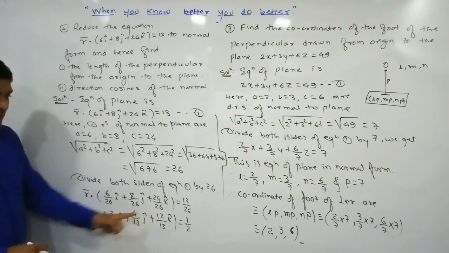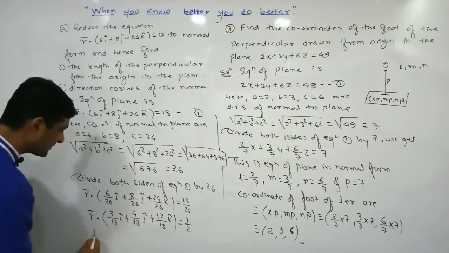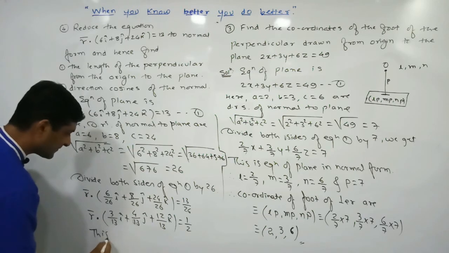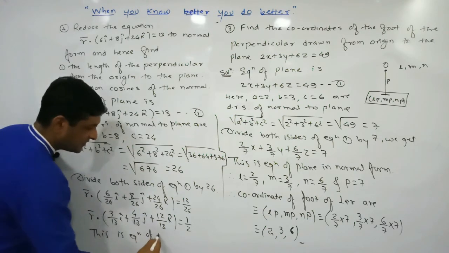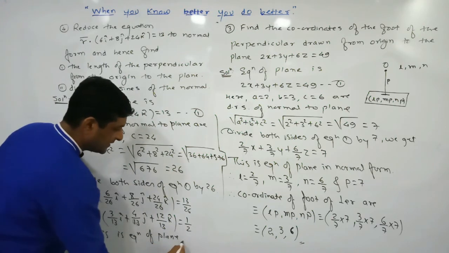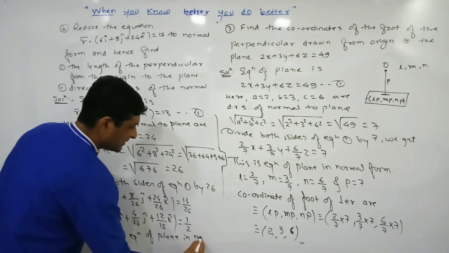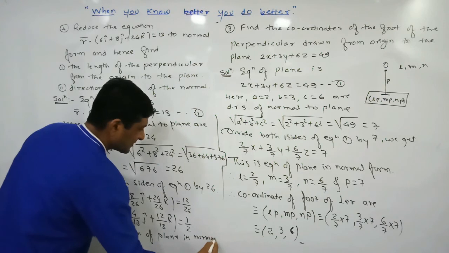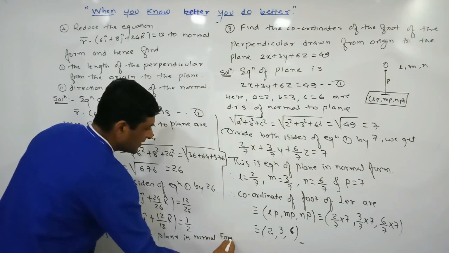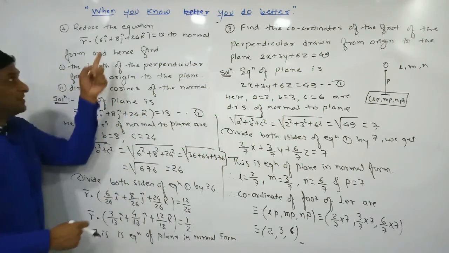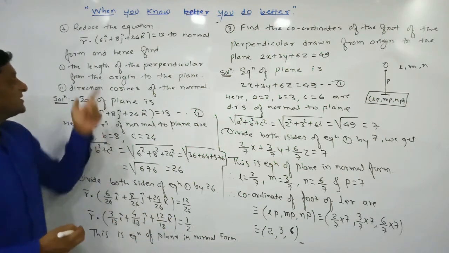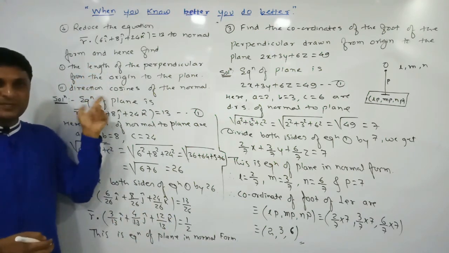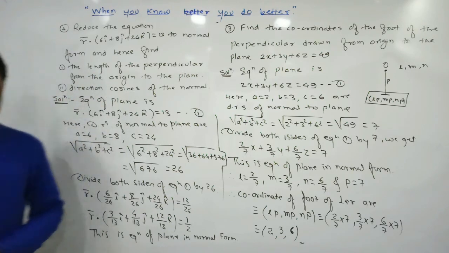Now this is the equation of the plane in normal form. In this way we have converted this equation into normal form, so from this equation we are easily able to find our required values.